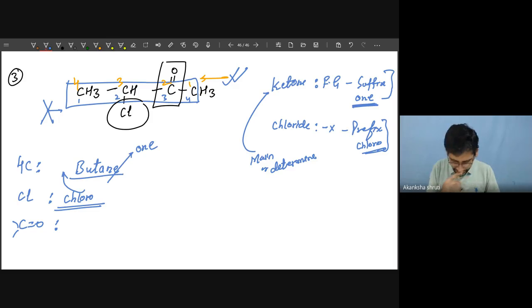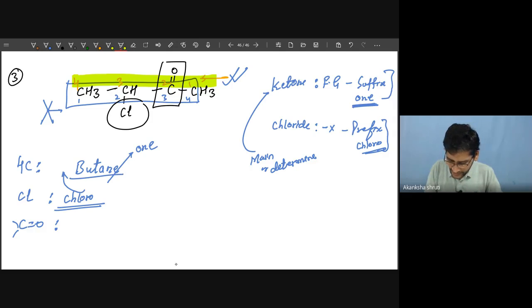Okay, student? So therefore, in this case, we shall start with this one. Means we shall start moving in this way. Observe, like this way we shall start and we shall go to this. For that, start writing with the prefix.